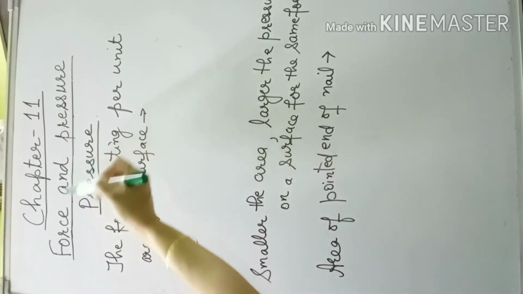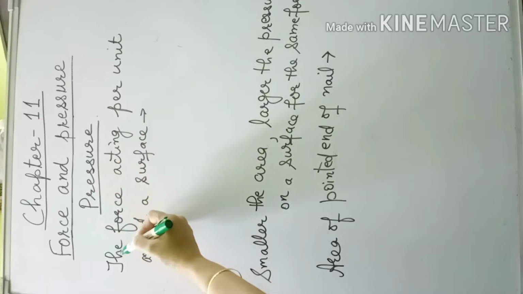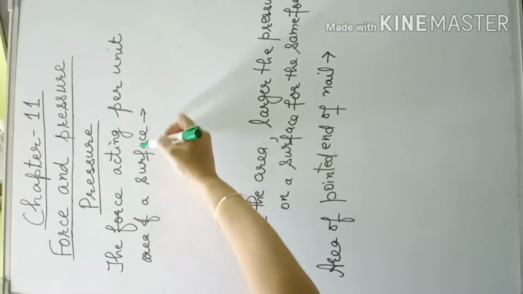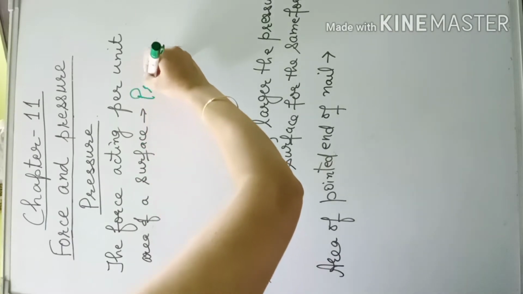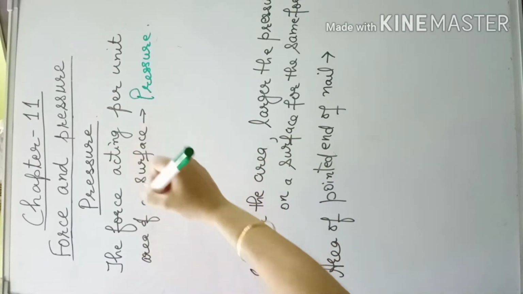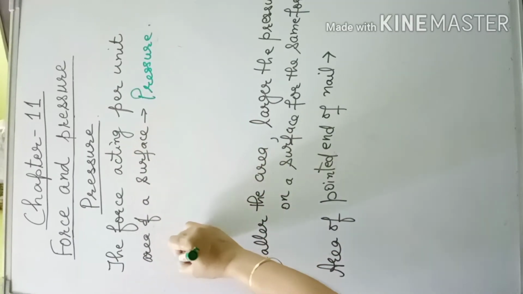So what is pressure? Pressure is the force acting per unit area of a surface. So this is the definition of pressure. So what is the formula of pressure?